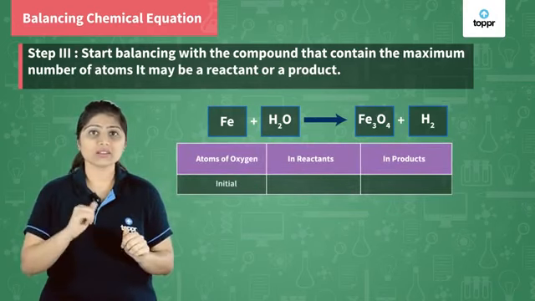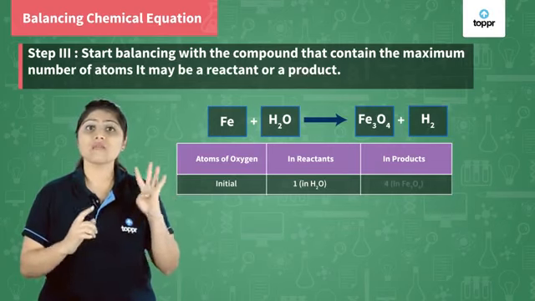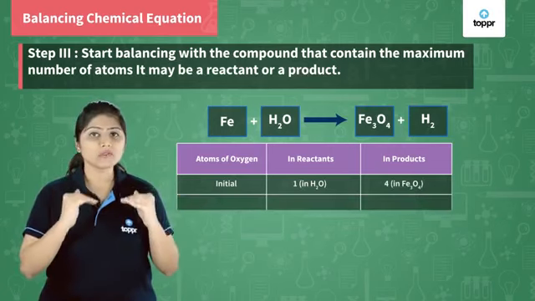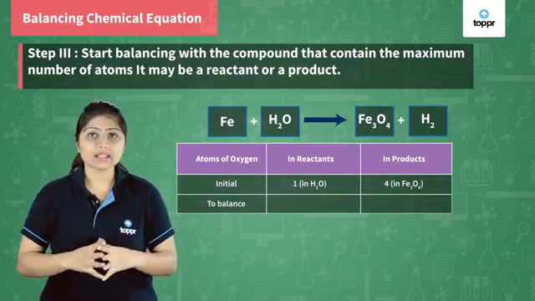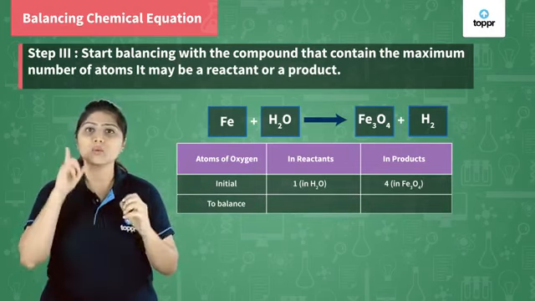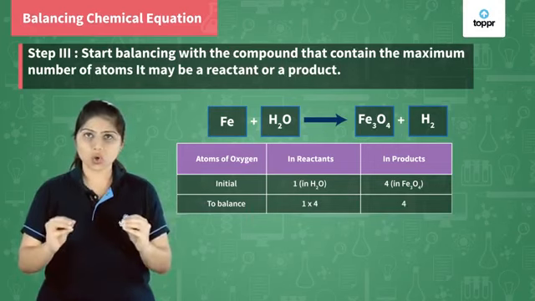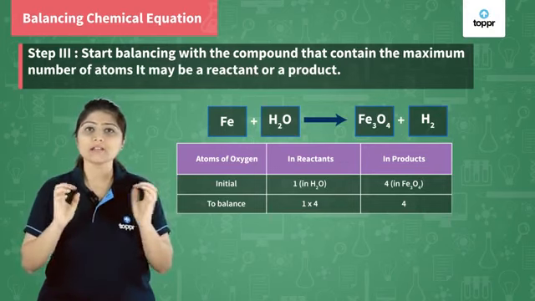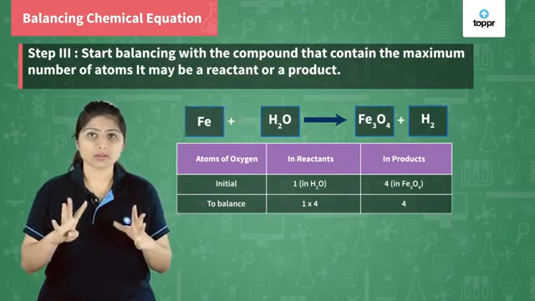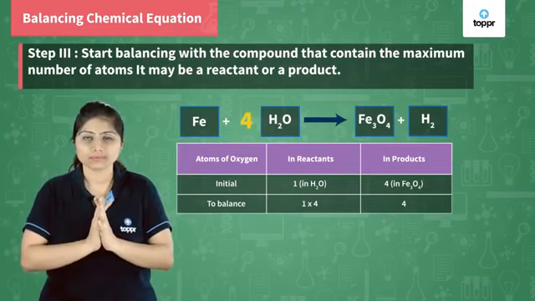Oxygen initially on the reactant side is 1, whereas on the product side it is 4. Now you have to balance the oxygen on the reactant side. For that, we have to multiply that one oxygen 4 times so that it becomes 4 oxygen. So, to balance oxygen, we have to multiply the entire chemical formula of water by 4. So we write 4 ahead of the box of H2O.